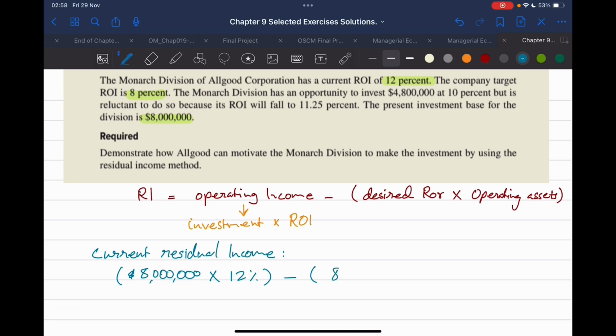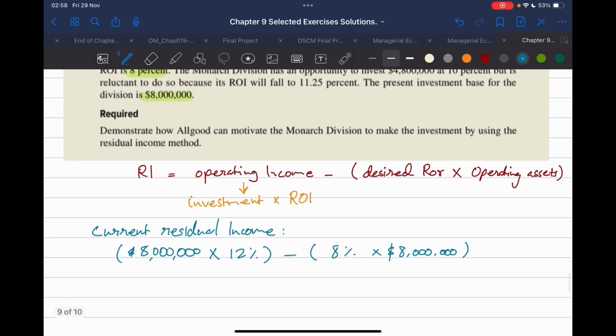So that's going to be 8% multiplied by the 8 million.